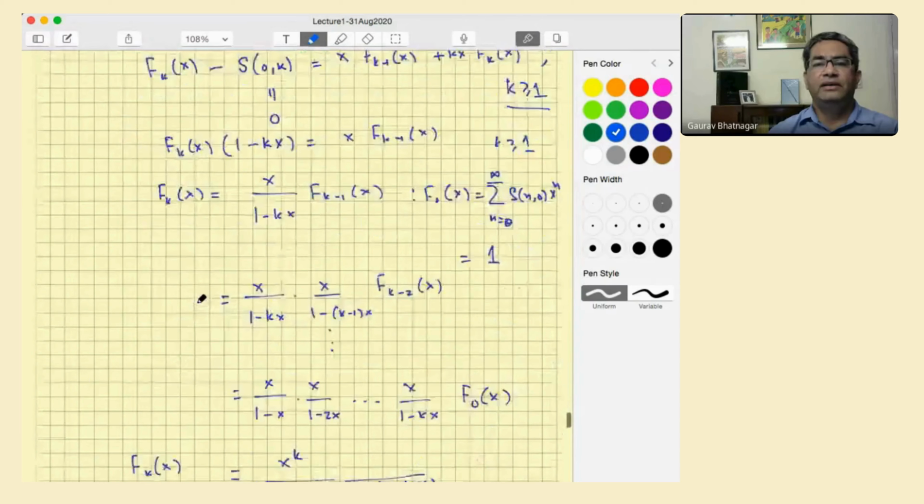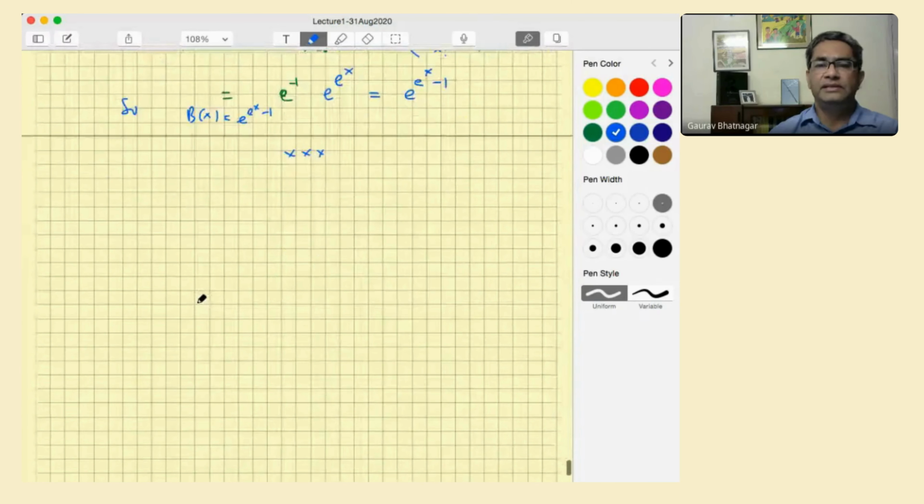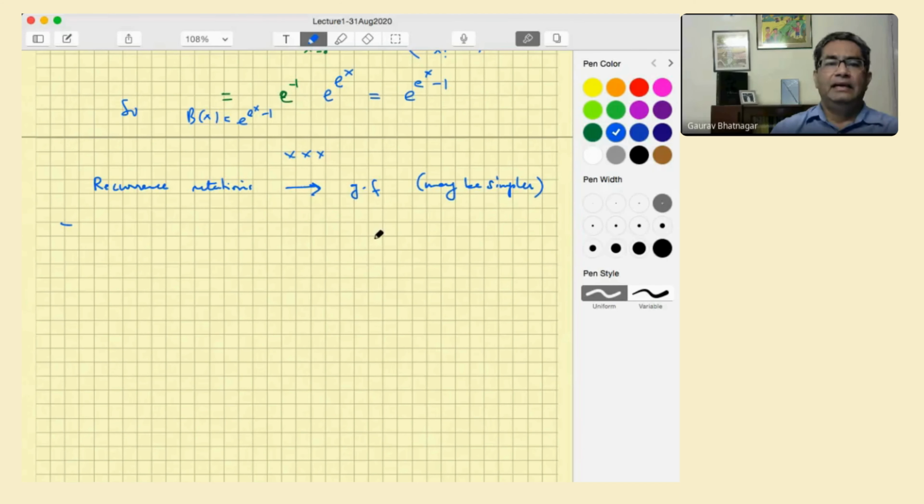So in general, the philosophy is that recurrence relations will give rise to generating functions, which are a little simpler maybe. And it could give rise to explicit formulas.